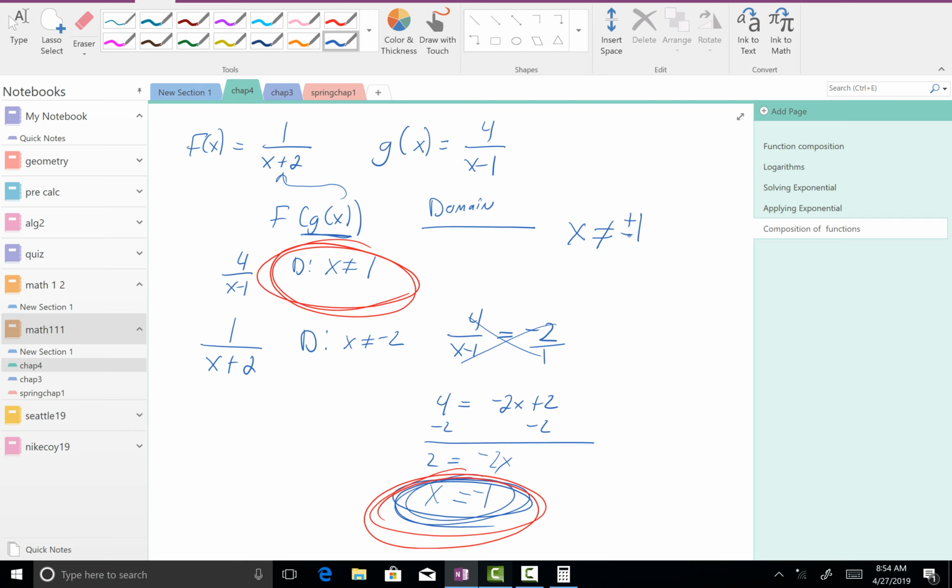So I guess my question is, when we finally got that -2, we put it back into the problem, right? Well, we're really not putting -2 in anywhere.